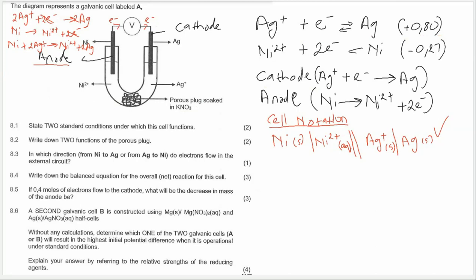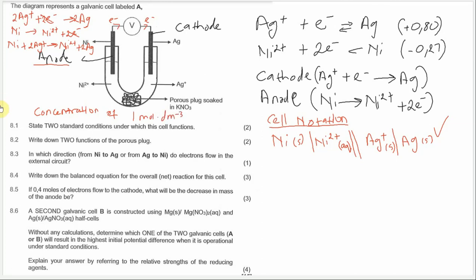So the first question says, state 2 standard conditions under which this cell functions. Obviously, if you know the theory part of this topic, you know that there are standard conditions under which the cell has to function. So in this case, you already know that there is a concentration of 1 mole per cubic decimeter.